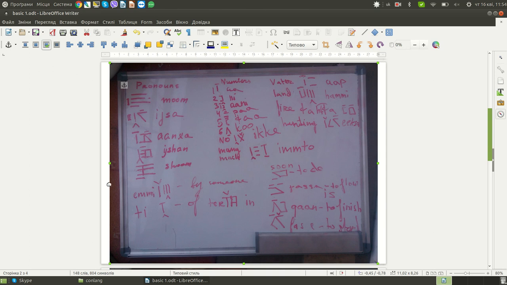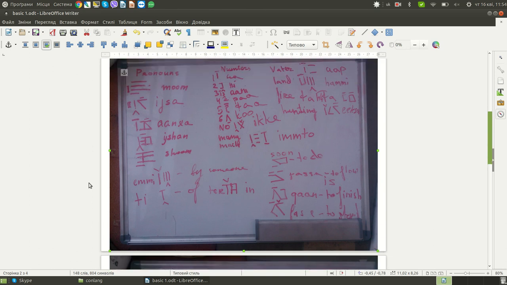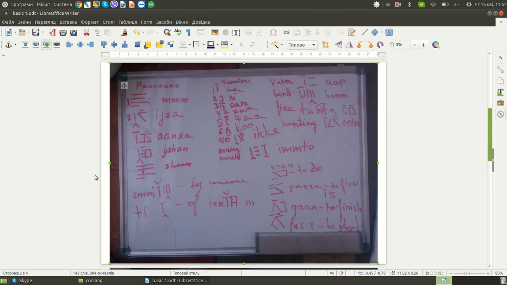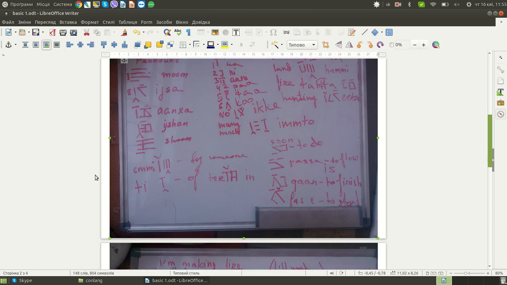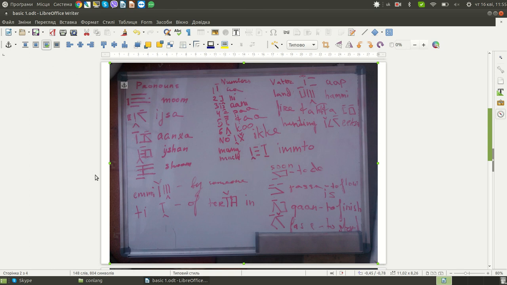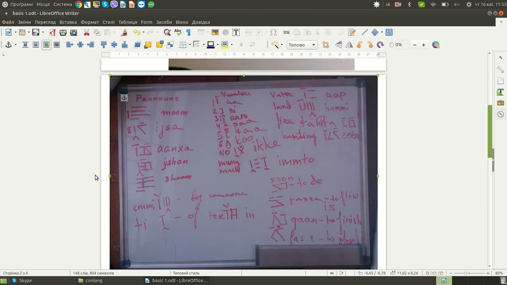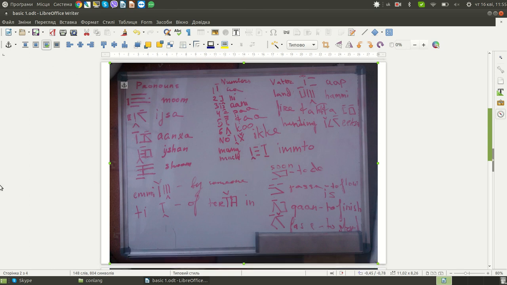Next, grammar words. Emmi, by someone. You'll see it in context because the sentence structure is unusual in this language.